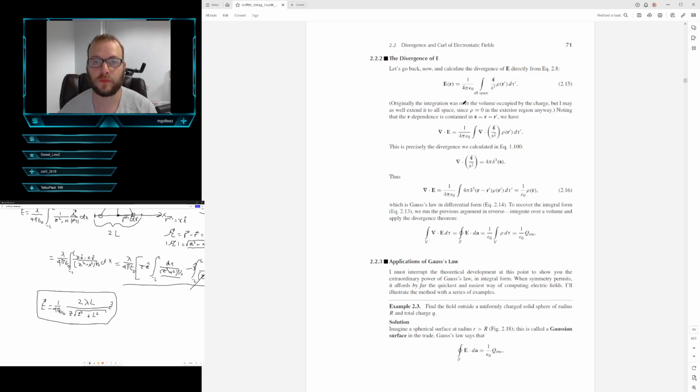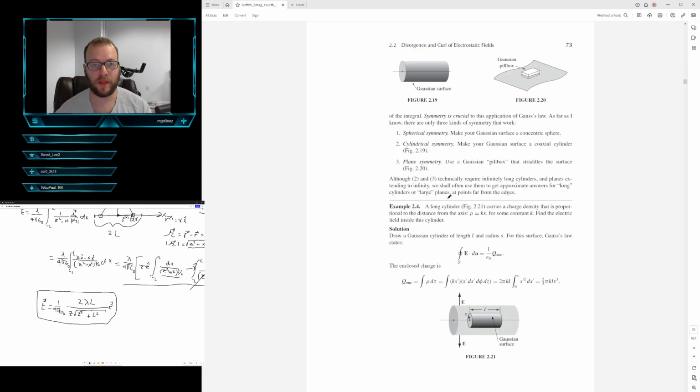So, more on the divergence of E. And we can do some problems for Gauss's law.